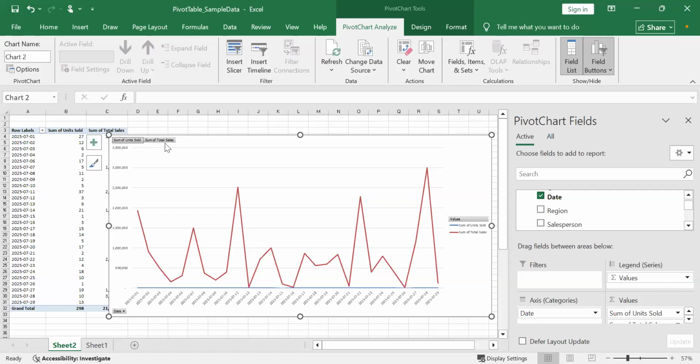It's very tiny, that's why. So just use the sum of total sales. The date, sum of units.